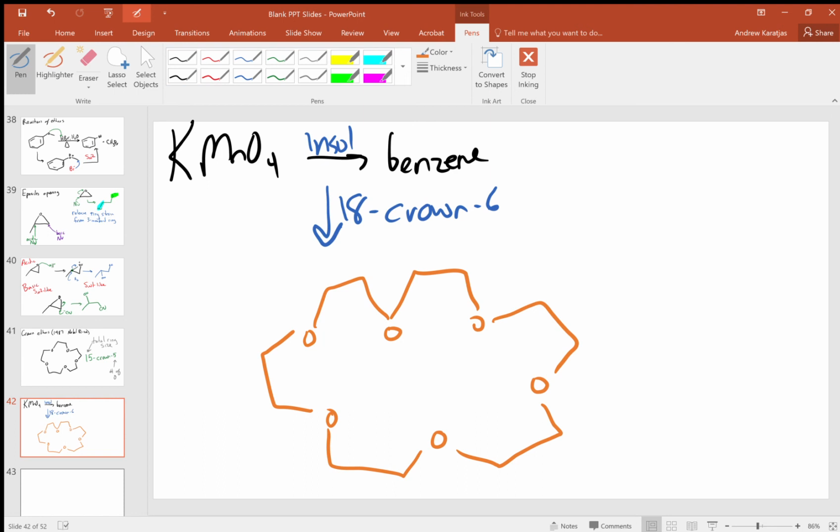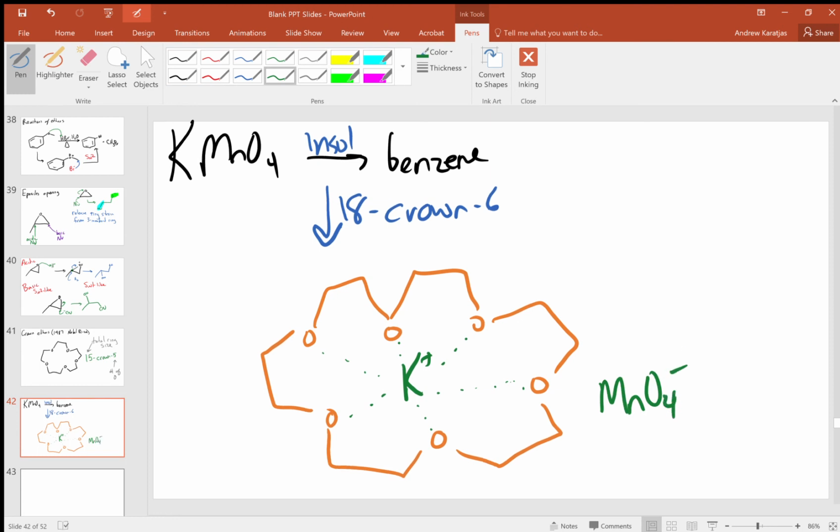Well, in the presence of 18 crown 6, the potassium cation from potassium permanganate can go into the middle of this crown ether, and it's essentially shielded or hidden by the nonpolar crown ether. And so this crown ether is able to dissolve in the nonpolar solvent. It brings the potassium ion along, which normally wouldn't be soluble because the crown ether hides it from the solvent. And then the permanganate ion is able to come along to balance charge.